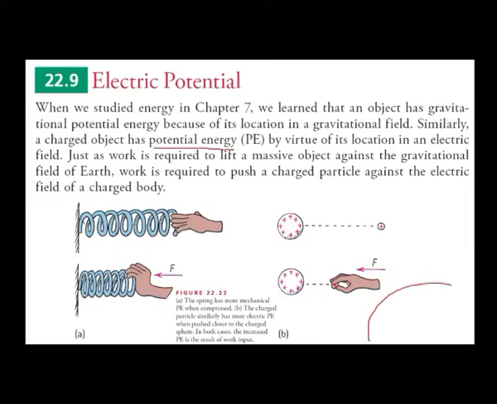So if this is Earth and this is an object right here, let us say we put a very massive object on top of Earth, and we are standing here. Now this object seems to have a potential energy, a stored energy, such that when you release it, this person could really feel the energy as it hits the person's head.